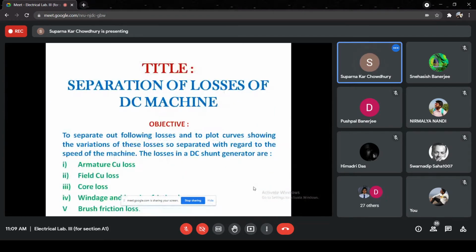Bearing friction loss is due to the friction of the bearing when the shaft is rotating. And additionally, as a DC machine, we have brushes, so there will be brush friction loss. There is friction between the brush and the commutator surface, so there will be loss.